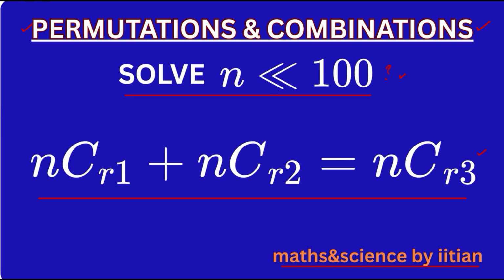For the general solution and understanding the concept, please refer to my earlier lecture on permutations and combinations. Combinatorics is the topic. Here we are taking an equation of permutations and combinations and finding the values of n, R1, R2 and R3 such that nCR1 plus nCR2 is equal to nCR3, where n is less than or equal to 100. Let's proceed.